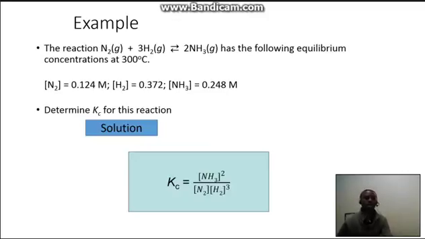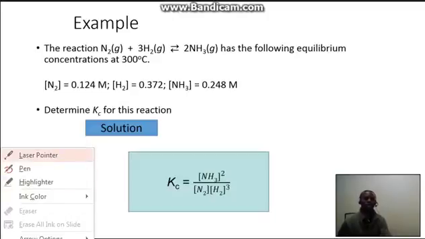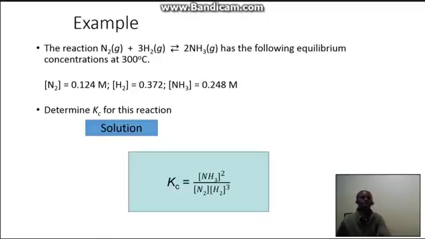Let's look at an example. Suppose we react nitrogen gas with 3 hydrogen to give us 2 ammonia, and we find that at 300 degrees Celsius, the concentration of nitrogen is 0.124 molar.